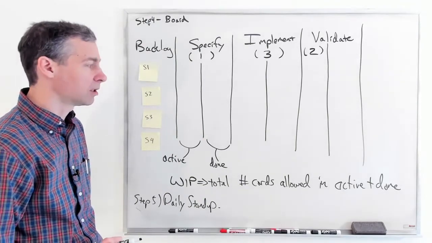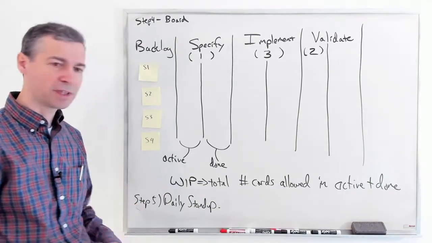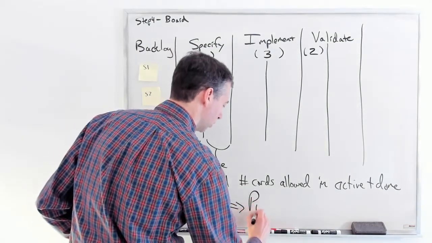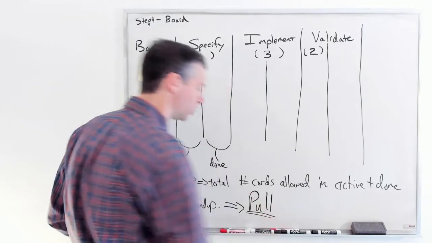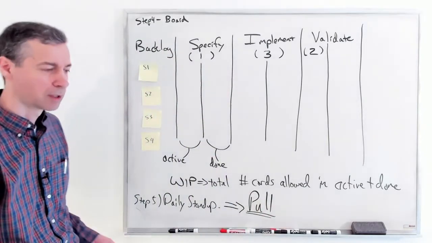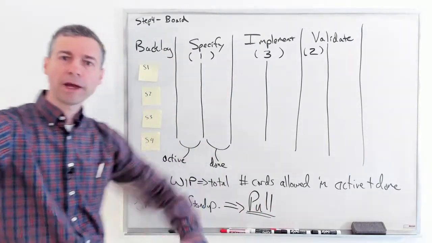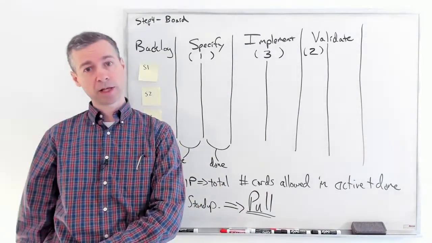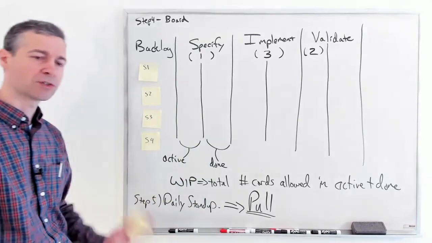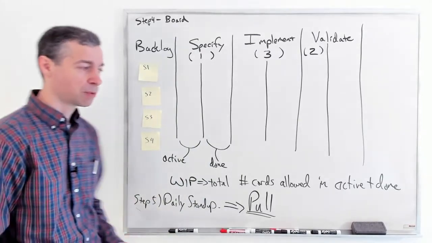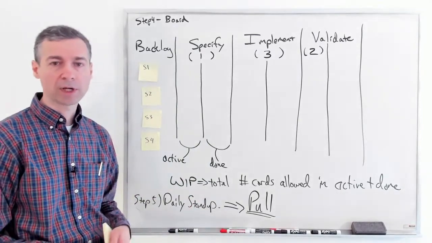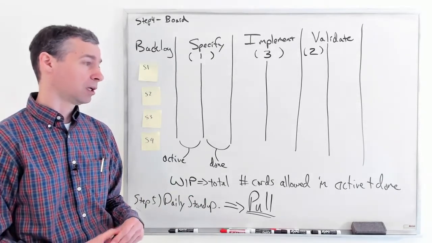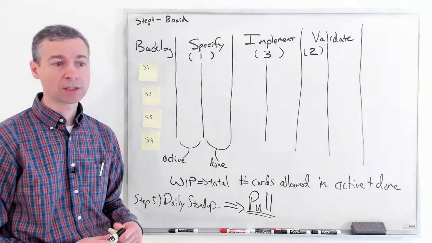So how does it go? Well, you hold the daily stand-up, and the daily stand-up is all about pull. You're going to pull work. How does the daily stand-up work? Do people stand around and say, what did I get done today, and what do I plan to do tomorrow, and what are my issues? No. Stand-up for Kanban is all about talking.